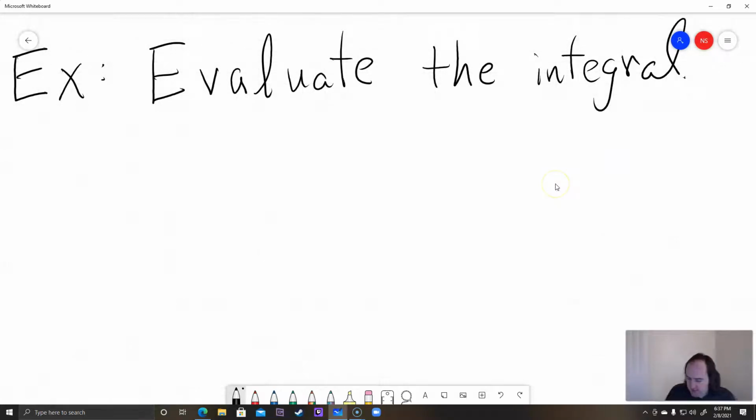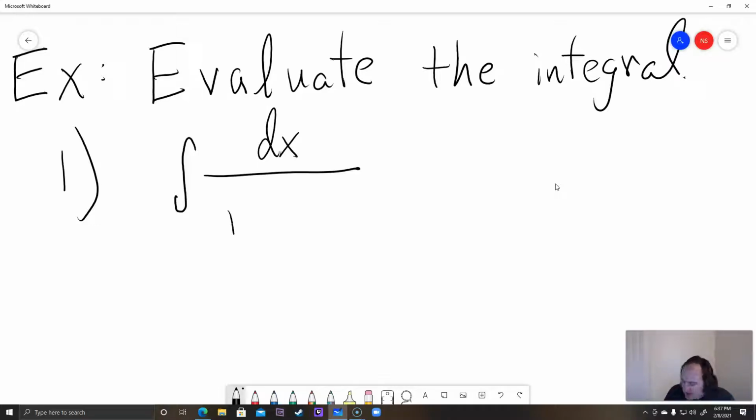For example number 1, we're going to be doing an indefinite integral: the integral of dx over the square root of 100 minus x squared.